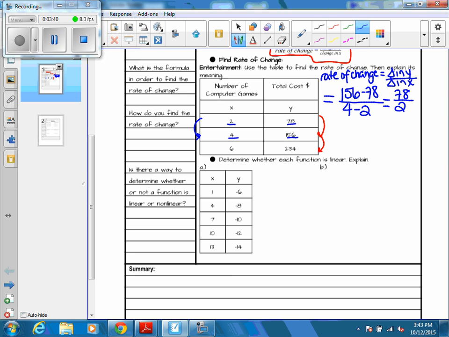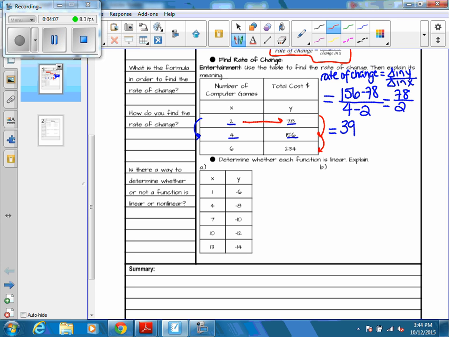Now, if I divide that and simplify that, that is going to be 39.